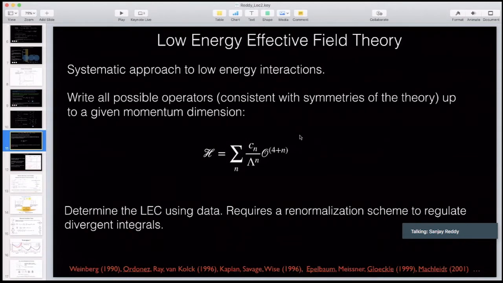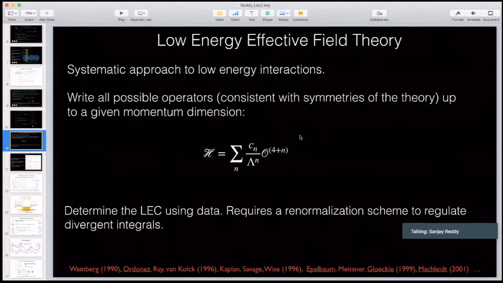And because the Hamiltonian is like an energy density, the dimension of the Hamiltonian is 4 powers of the energy. So that means that higher dimension operators have the suppression, which is lambda to the power of n. And C sub n is a low energy constant.